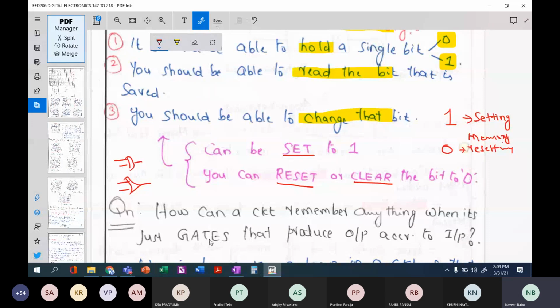How do you make a circuit that performs the job of a memory? Please remember, our memory must be able to hold the data, read the data, and you must be able to change the data. Can anyone suggest an idea? How do you make simple gate circuits into a memory?